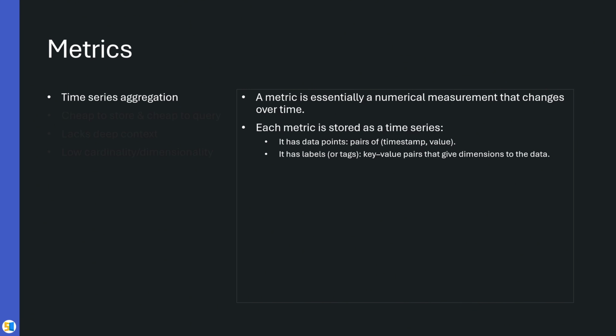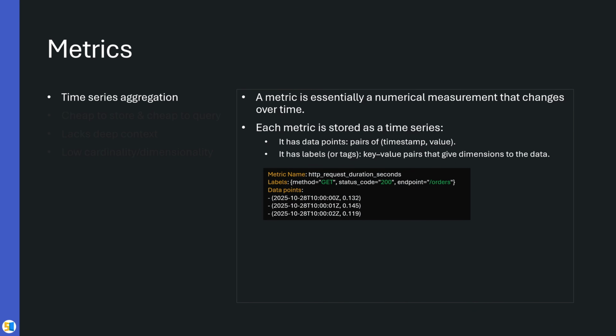It can have labels or tags, which are key-value pairs that give dimensions to the data. For example, if we have a metric name like HTTP request duration seconds, and then we set the labels like method, status code, endpoint, we will have data points like this.